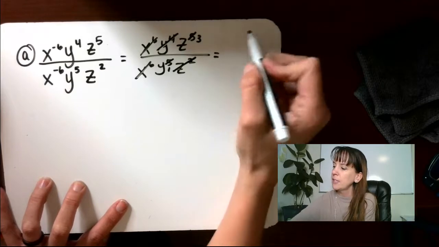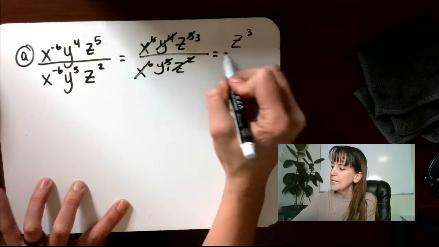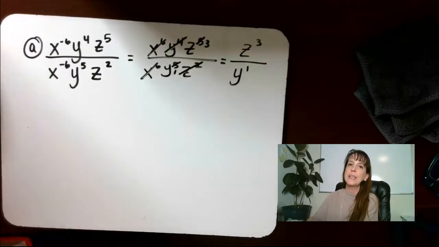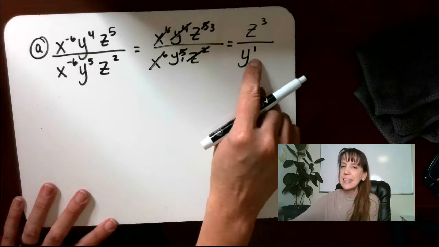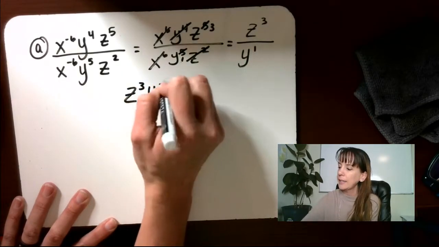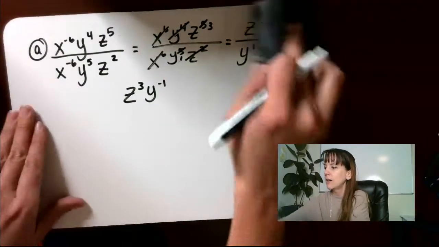So what we've simplified to is upstairs we have z to the 3rd. Downstairs I have y to the 1, except we have to write them all with the answers in the numerator. So this guy is going to go upstairs, so it ends up being z to the 3, y to the negative 1. Perfect. Let's try the next one.